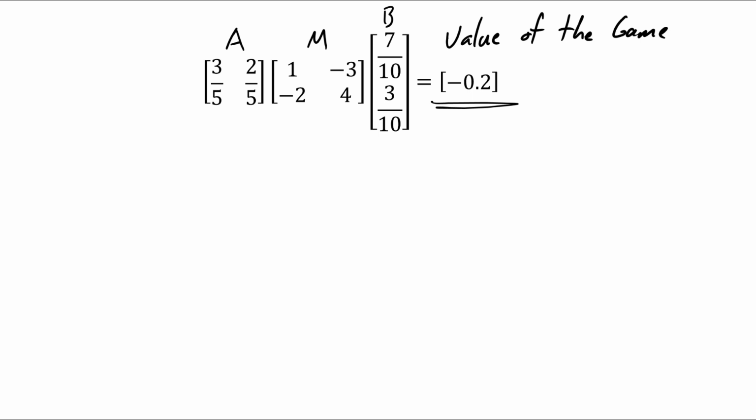So what this would say is that if player A chooses red 3/5 of the time, black 2/5 of the time, and B chooses red 7/10 of the time, and black 3/10 of the time, then on average, we would expect for player A to lose about 20 cents every time the game is played. So -0.2 is -20 cents if this is money. So that is our value of the game.